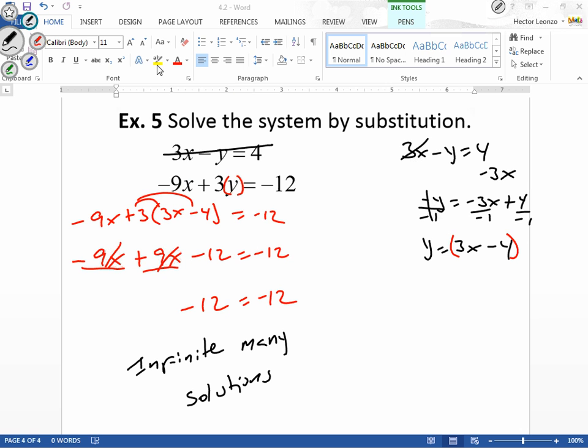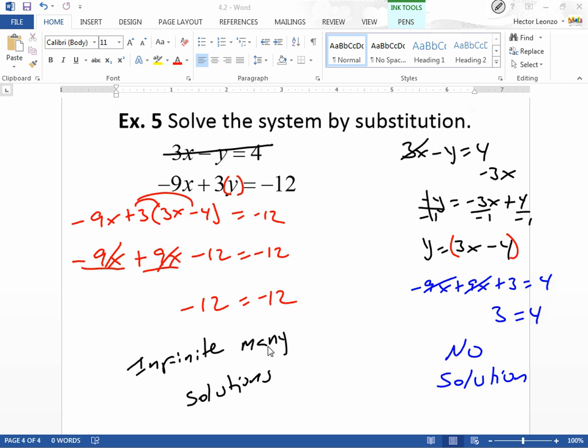Now the case where we're going to see no solution will be something like, let's say I had negative 9x plus 9x plus 3 is equal to 4. Let's say we had that, where our letters cancel out, and I will get something like 3 equals 4. When our numbers are different, that's when we call this no solution. So once again, the special cases, when they have infinitely many solutions or no solutions, are going to come out in substitution.